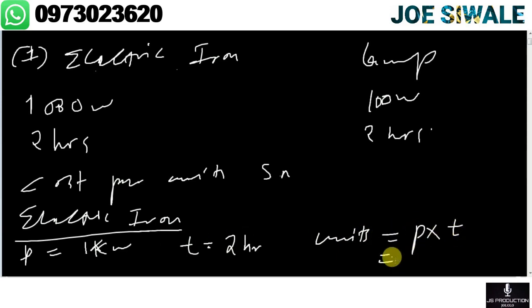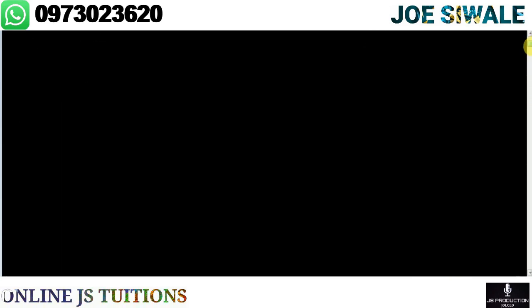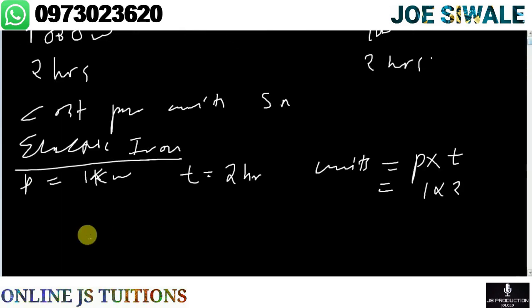So 1 multiplied by 2, the units will be 2 kilowatt hours.